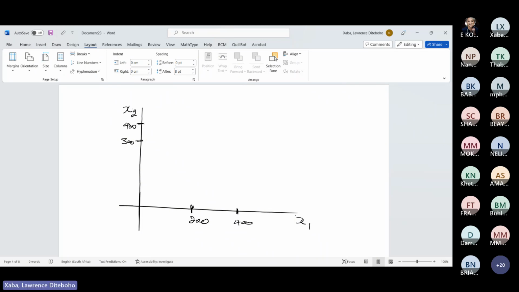Okay, so these values that we see, they represent the two linear equations that I mentioned earlier. This is the first line, and this is the second one.